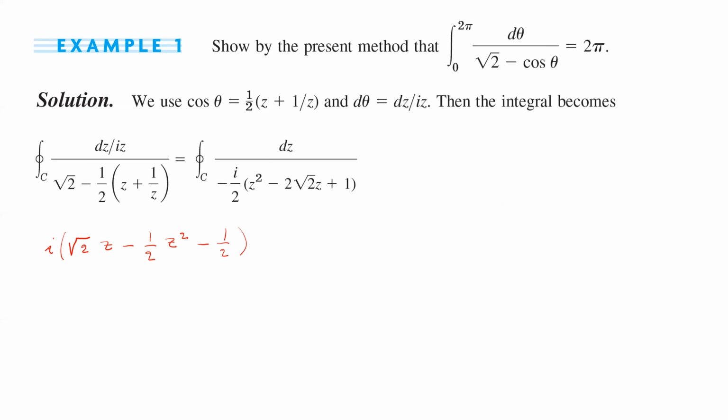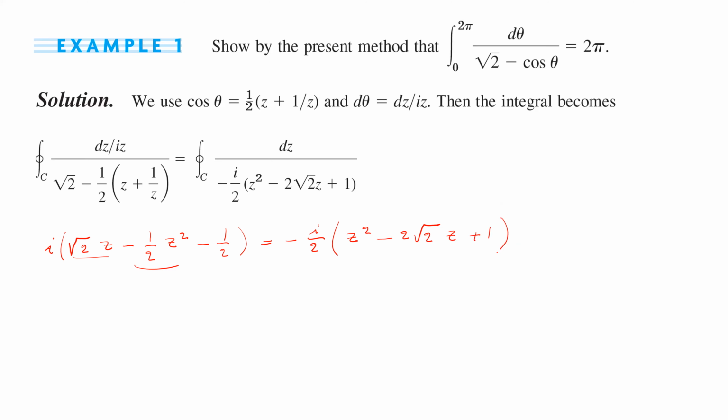So you have negative 1/2, and then you can factor out negative 1/2, making negative i over 2. Then this becomes z squared, and this becomes negative 2 square root of 2 times z, and the other one becomes plus 1.